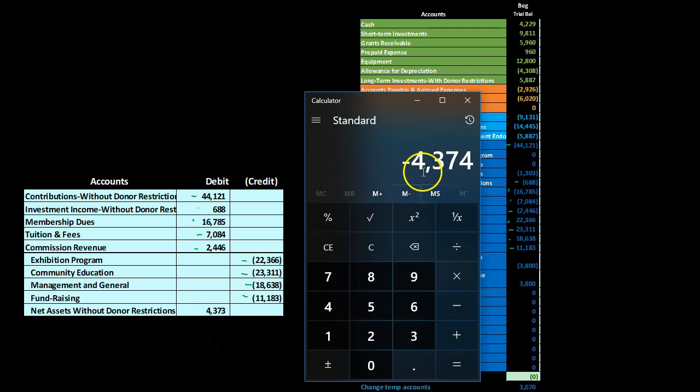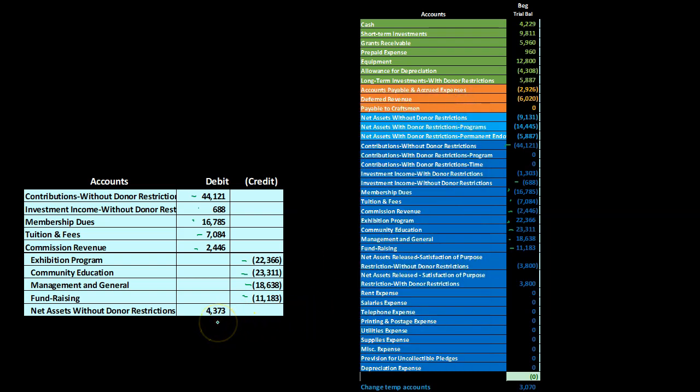We got the 4,374. It's rounded here because there's pennies involved. So we're going to have the 4,373. And that will be our plug kind of answer. We need a debit for it. We're going to put that into the net assets without donor restrictions.